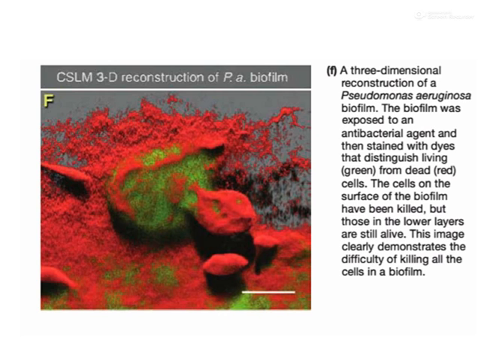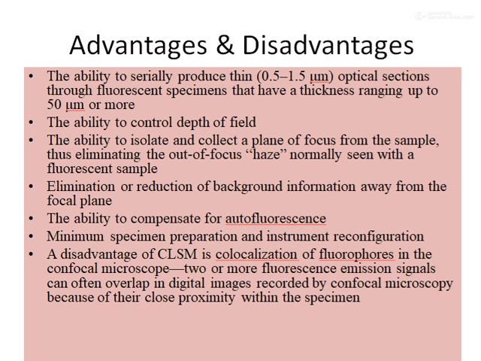using any antibacterial agent. Now, what are the advantages and the disadvantages of confocal laser scanning microscopy? You can see that the ability to serially produce thin optical sections through fluorescent specimens that have a thickness ranging up to 50 micrometers or more is possible in confocal microscopy. You can also control the depth of field, and you can isolate and collect a plane of focus from the sample, thus eliminating all the out of focus haze normally seen within a fluorescent sample.